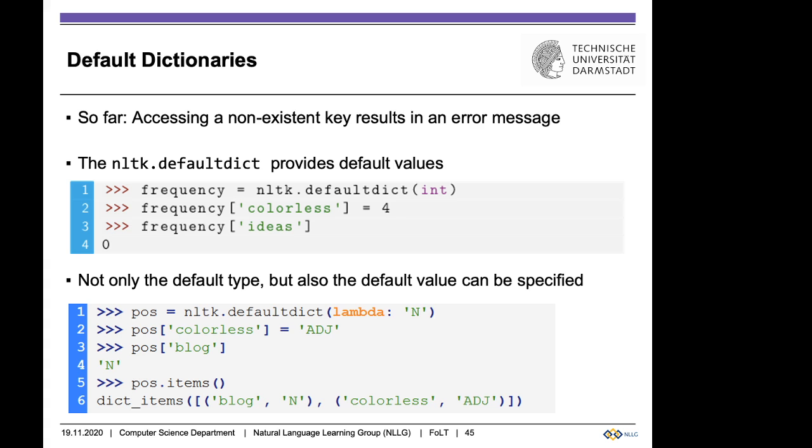And like the previous examples, we can create new entries by mapping the word colorless to adjective, and for some other words that are not found in the dictionaries, the default tag noun will be assigned.